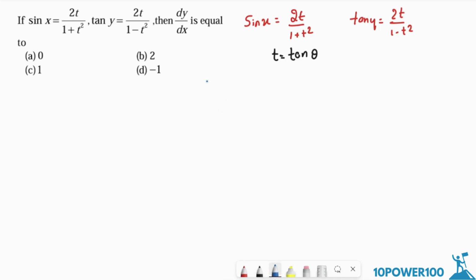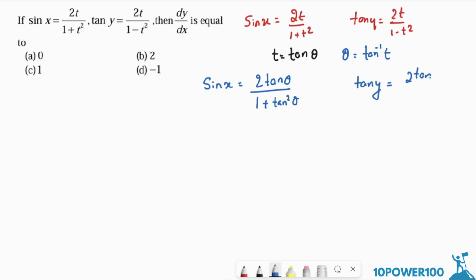So sin x is equal to, and let's see it. Theta is equal to tan inverse of t. Now sin x is equal to 2t, so 2 tan theta by 1 plus tan square theta, and here tan y is equal to 2 tan theta by 1 minus tan square theta.